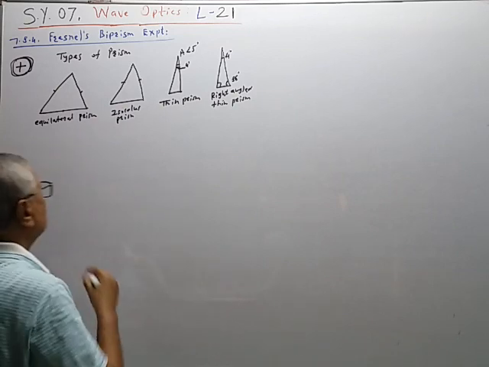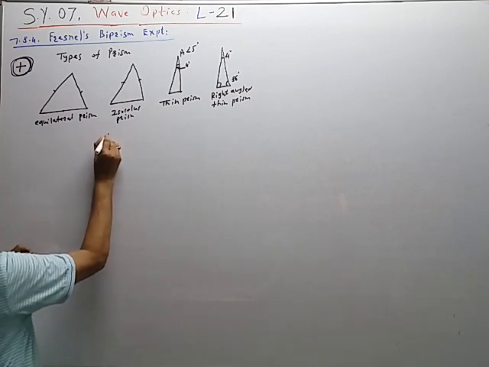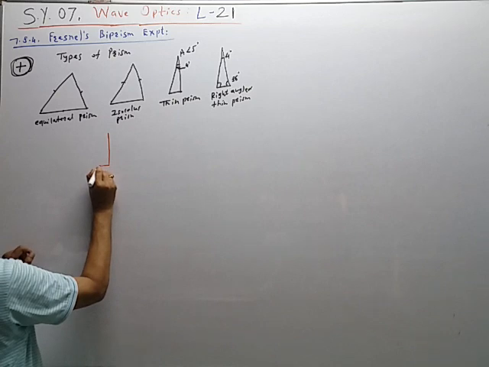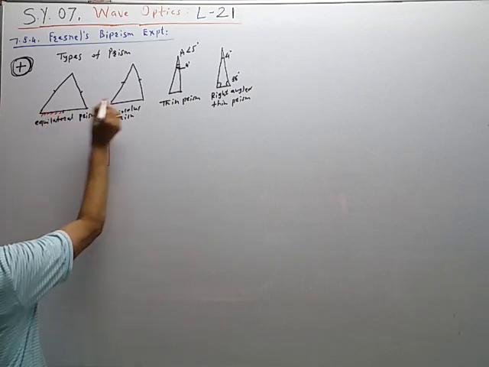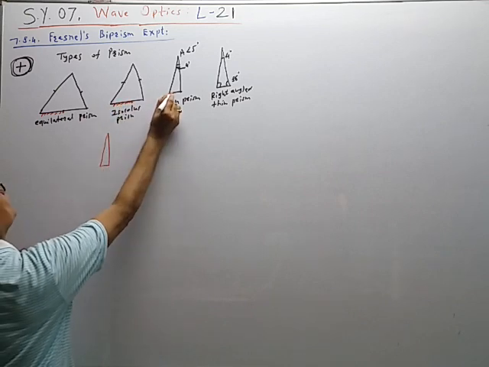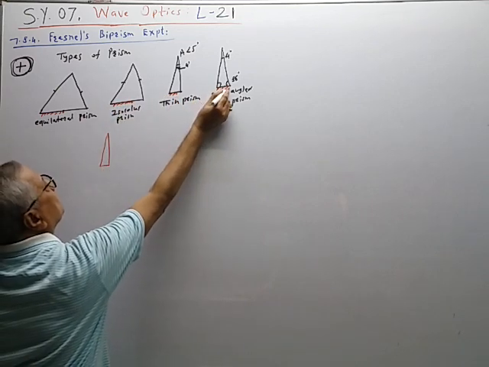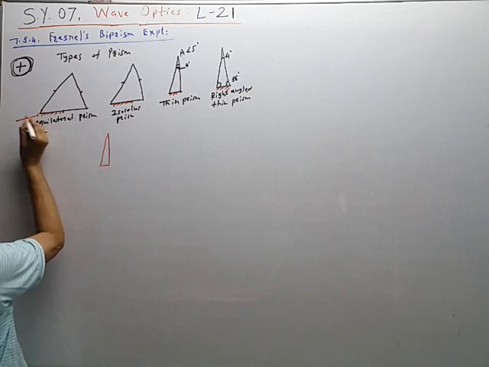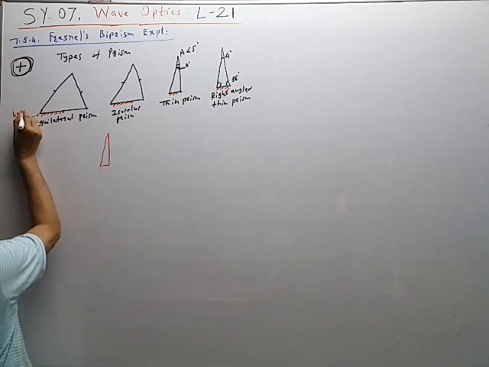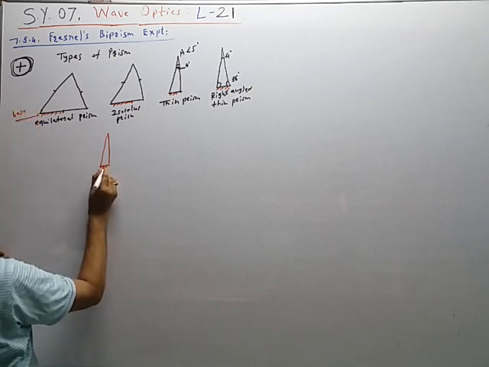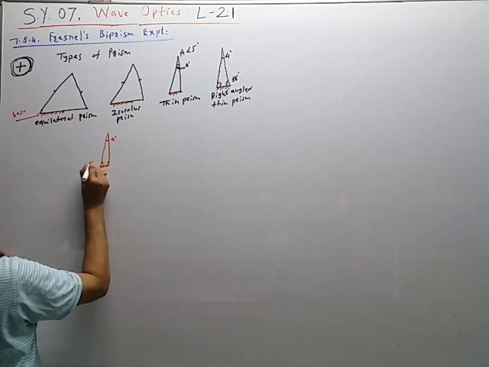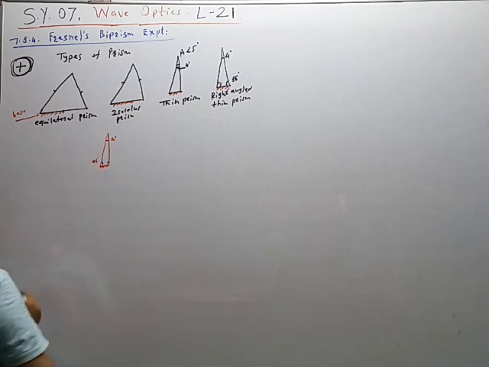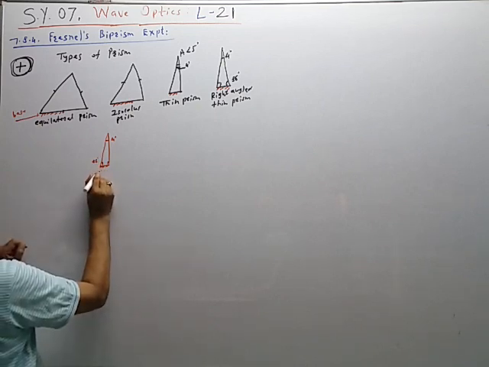So suppose this is the base. This angle is 90 degree, this angle is 4 degree, this angle is 86 degree. This is one more prism.